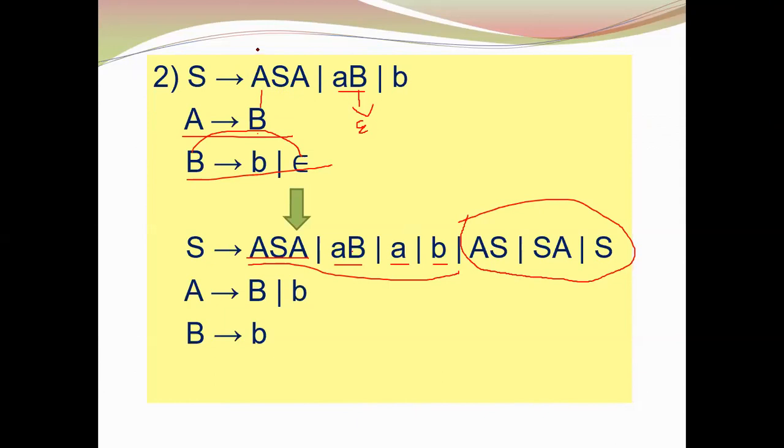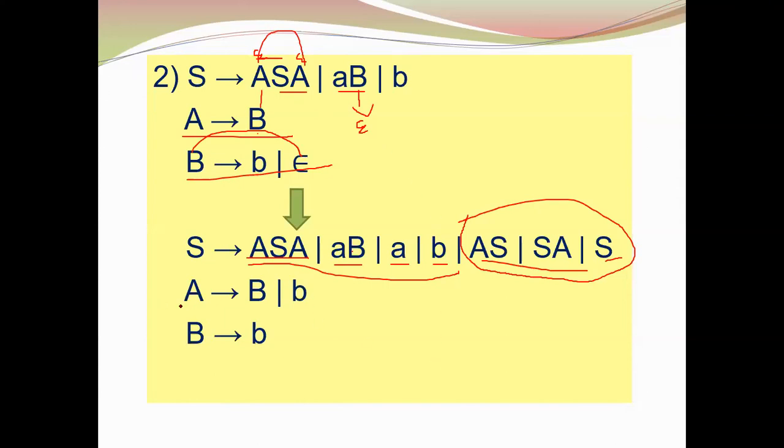If you're substituting epsilon for this A, the value should be SA. If you're substituting epsilon for this A, the value should be AS. The same, like he mentioned. If you're substituting both the A's with epsilon, the value should be S. After removing epsilon, my grammar is like this.